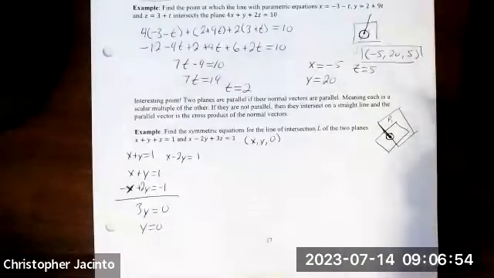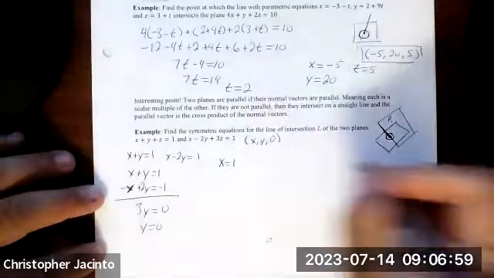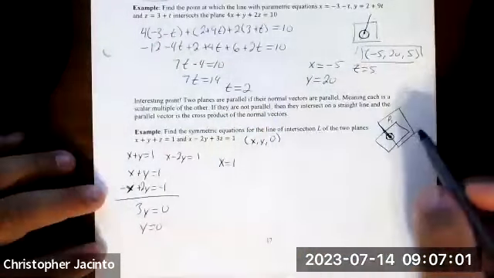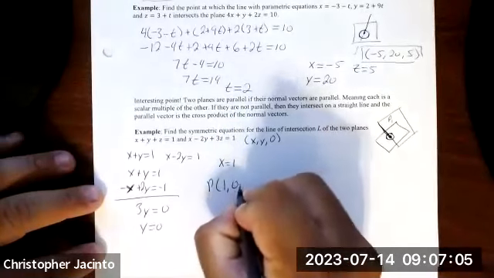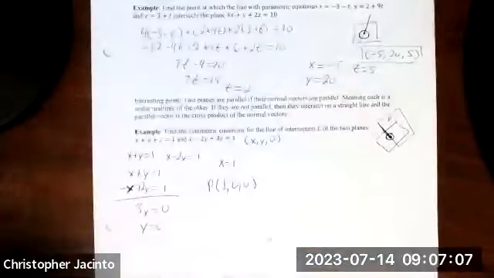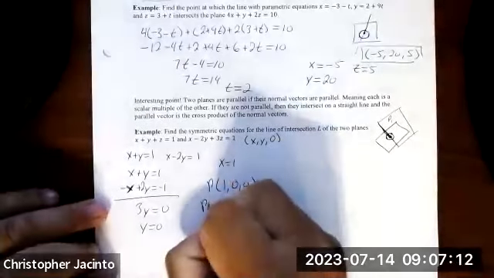So therefore, we plug it back into any of these, we find out that x equals 1. So the exact point where these two planes intersect is the point 1, 0, 0. This is the point of intersection.